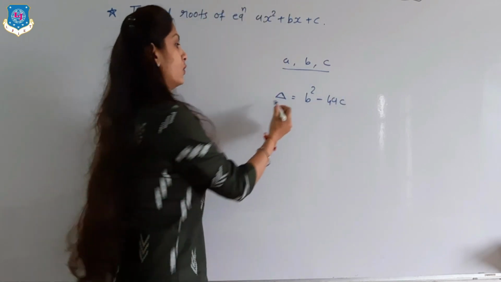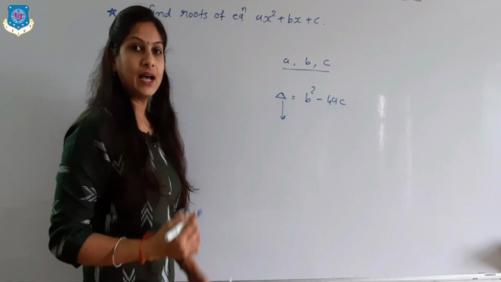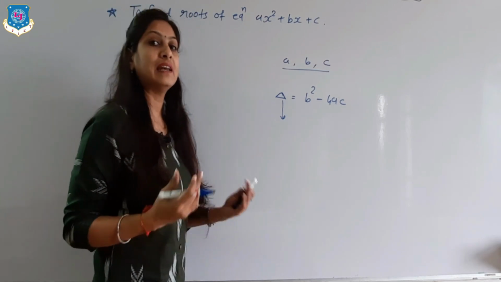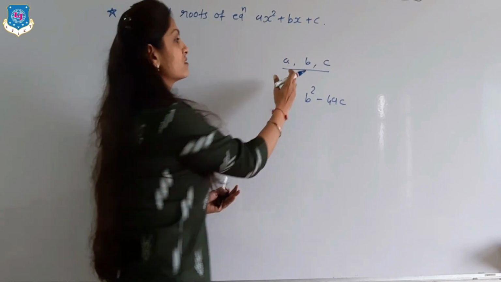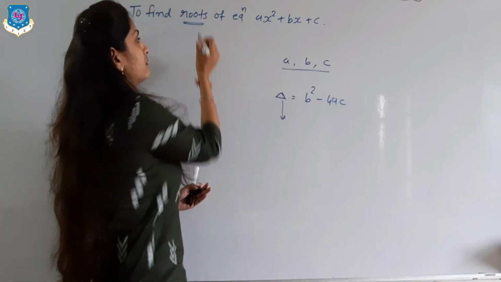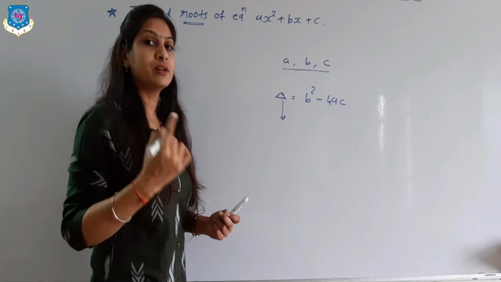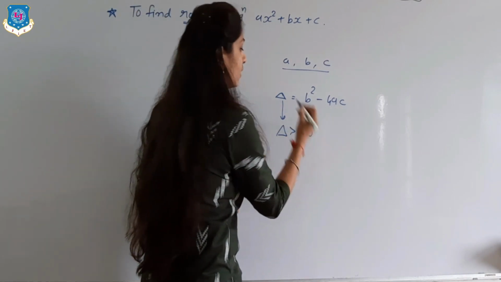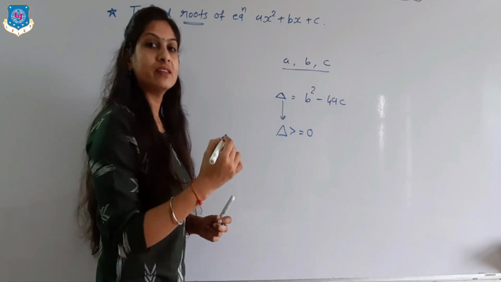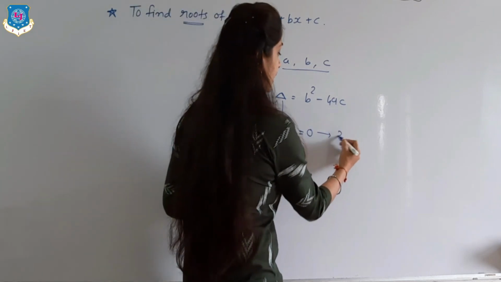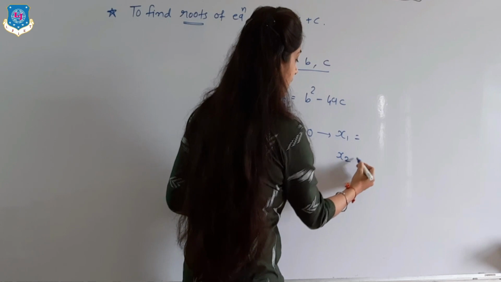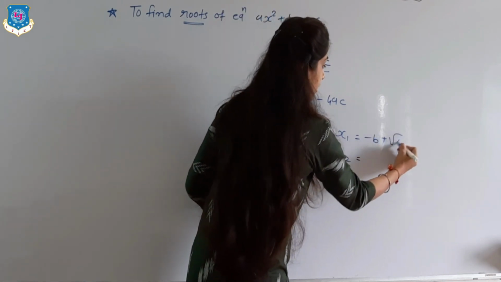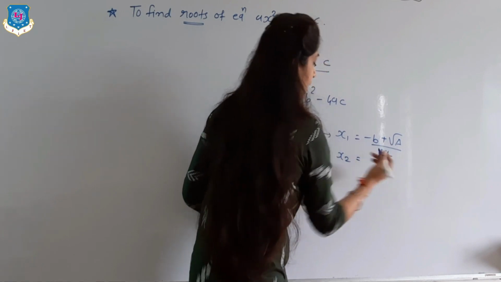Now according to the value of delta, if it is greater than 0, if it is equal to 0 and less than 0, then the roots are different. That is our title, we have to find that roots. So the condition is like that: if the delta is greater than equal to 0, then and then we can find the roots, and the formula for finding roots is x1 and x2, that is minus b plus under root delta by 2a.